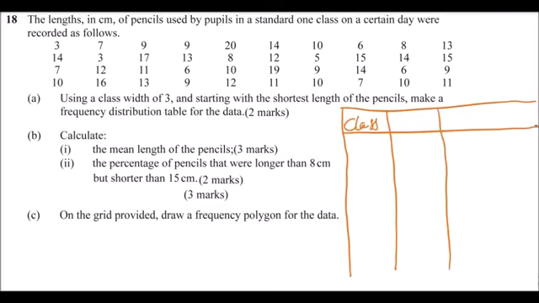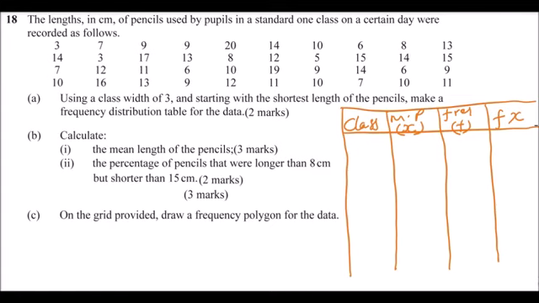Then I have another column for the midpoint, MP, which I use as x. Then another column for the frequency, which is f, and the last column will be for the product fx, that is the midpoint and the frequency.